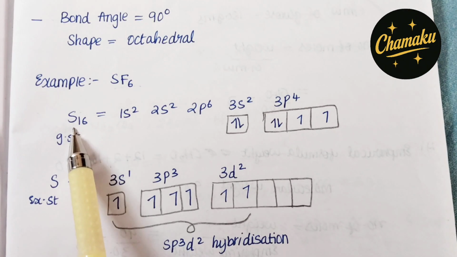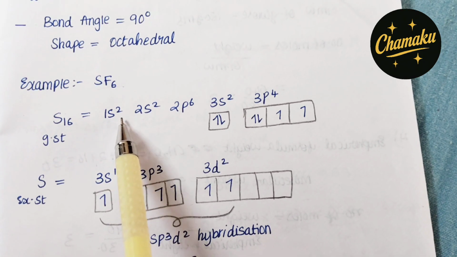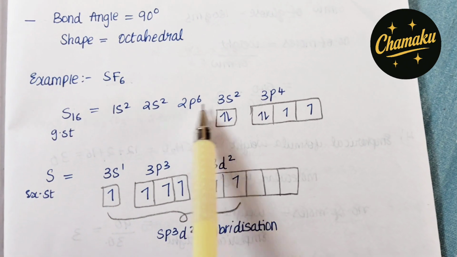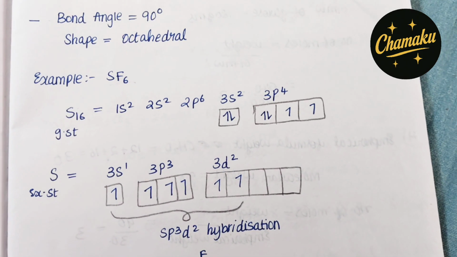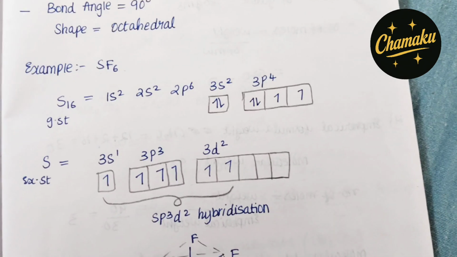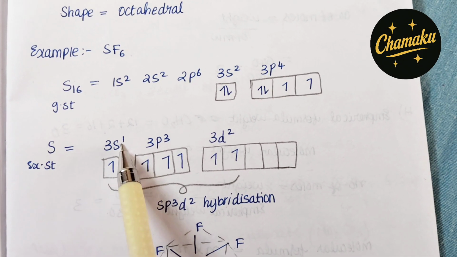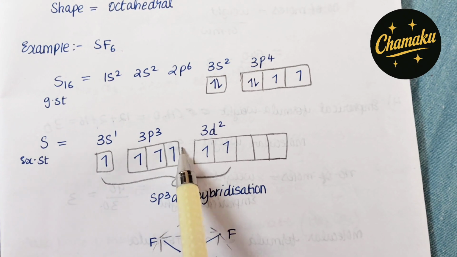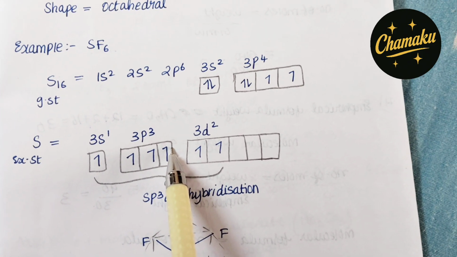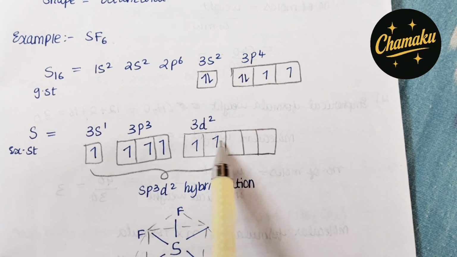Sulfur, the atomic number is 16. This is the ground state configuration: 1s2, 2s2, 2p6, 3s2 and 3p4. Now this is the sulfur excited state configuration. One electron from the s orbital and one electron from the p orbital will be excited to the d orbital, so the d orbital will have 2 electrons.